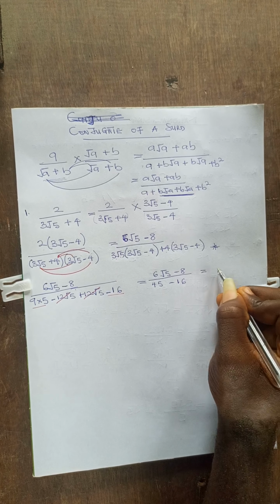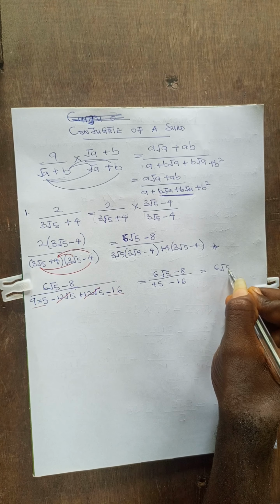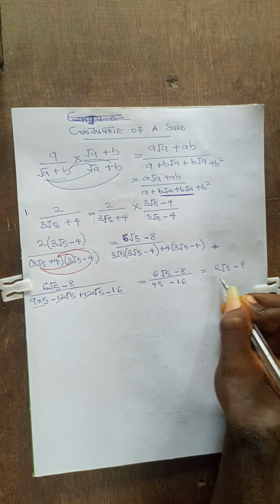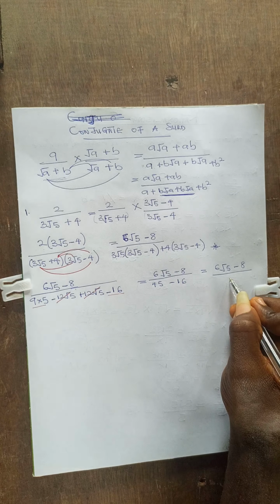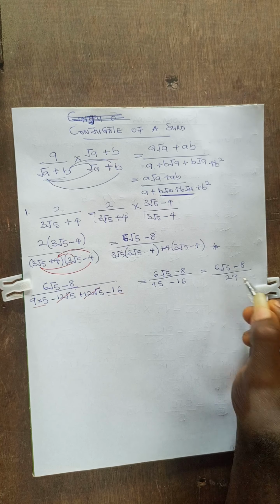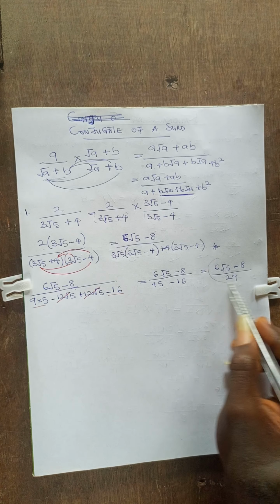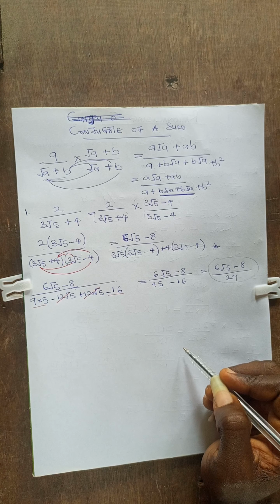So this will give us 6 root 5 minus 8 all over 45 minus 16, which will give us 29. We can't go on from here, so we leave this one as our final answer.